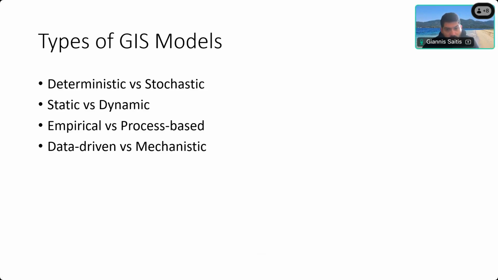I'm trying to think of more examples, but no, I won't flood you with more data. Just keep in mind that static answers the question of what the result is because of these variables, and dynamic answers the question of how it evolves.